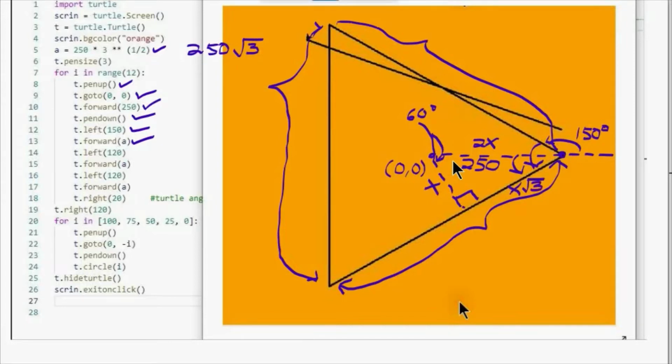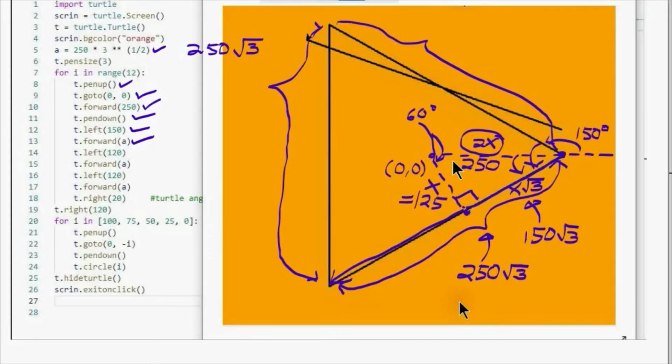Now since our 2x is 250, then our x becomes 125, and this one here is 125.